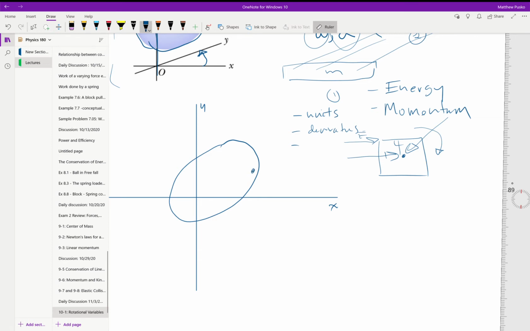Let's just put some point P on here. We could locate that with a vector. We're not going to actually get into vectors too much in this, but I want it to be noted, all of this can be done very properly with vectors. We're only going to spend a few days on rotations, but I'll point out the definitions when I get to them.